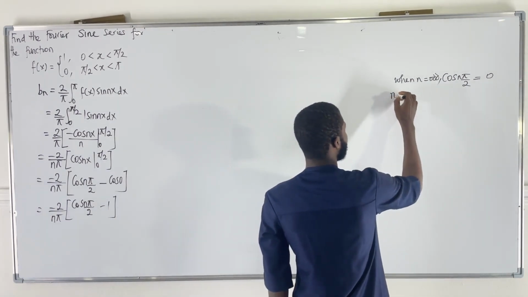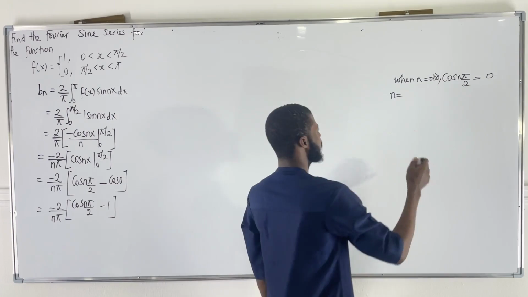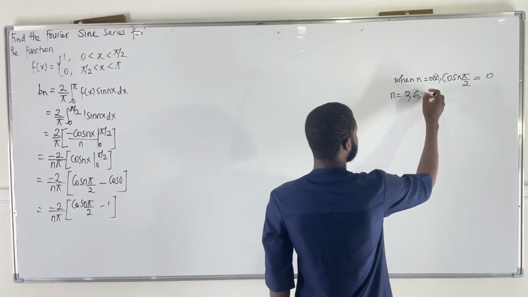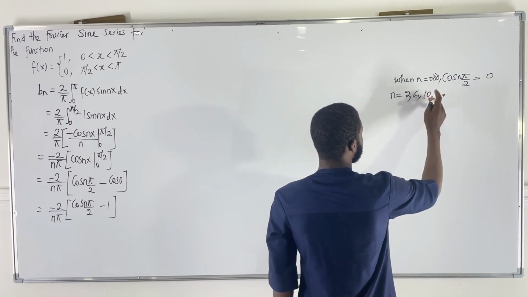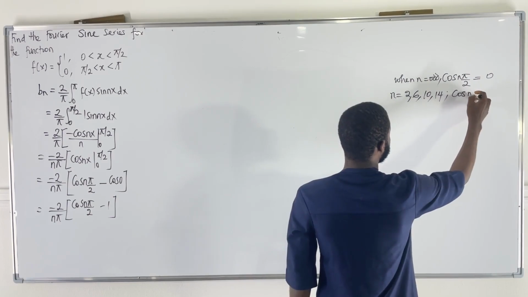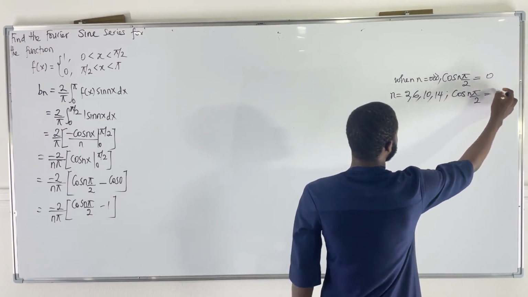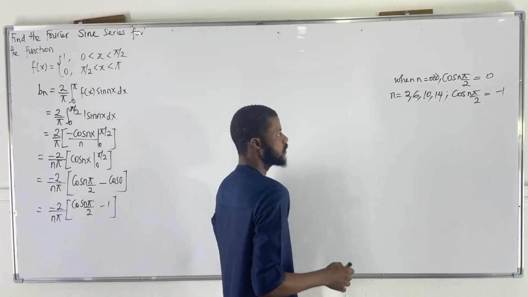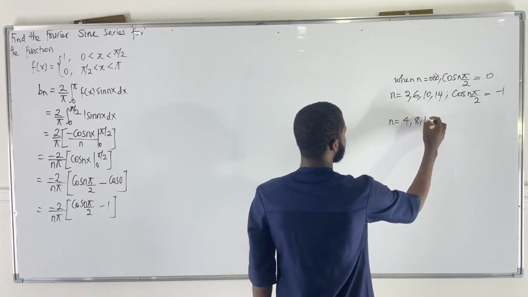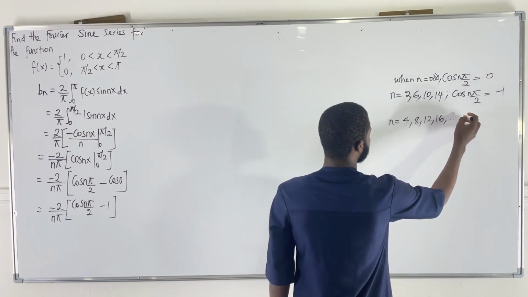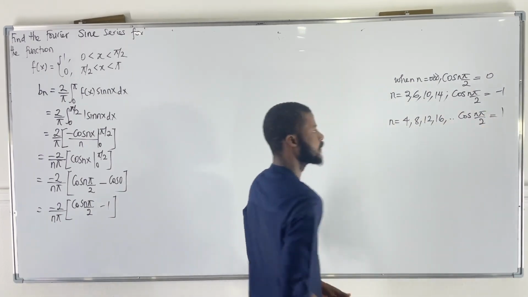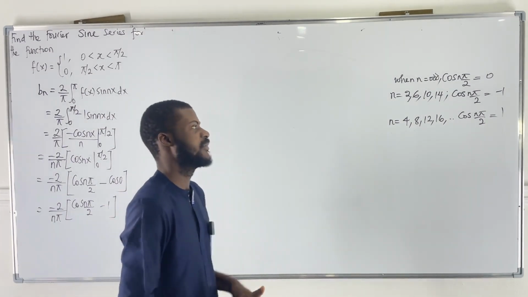Then when n is even, such that it's following 2, 6, 10, 14, this cos n pi over 2 will be giving us minus 1. Then when n is 4, 8, 12, 16, cos n pi over 2 will be giving us 1. So it behaves like that.